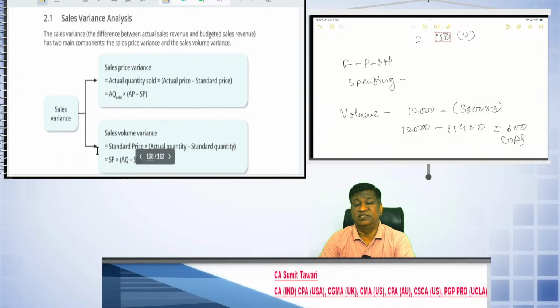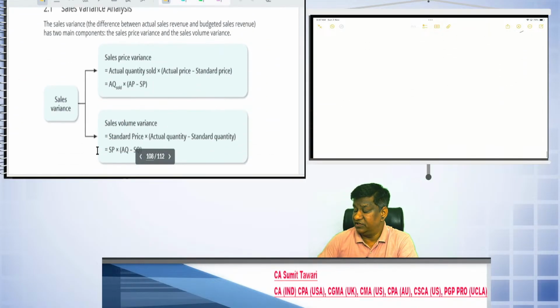Then sales variances. Sales variances are again easy. The only thing is that it depends on the price and the rate. It is a simple formula: whatever may be the actual quantity sold multiplied by standard price minus actual price. So this will give the sales price variance. And for the volume, we need to consider the standard price and the difference between actual quantity and standard quantity.